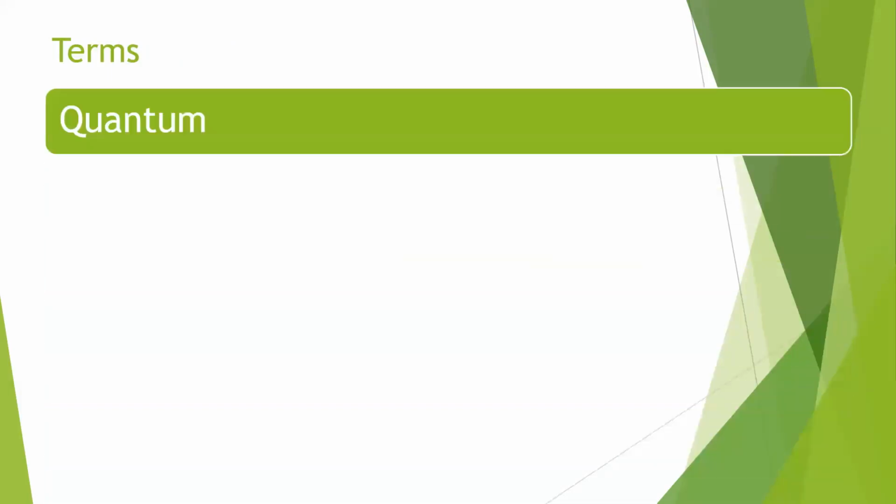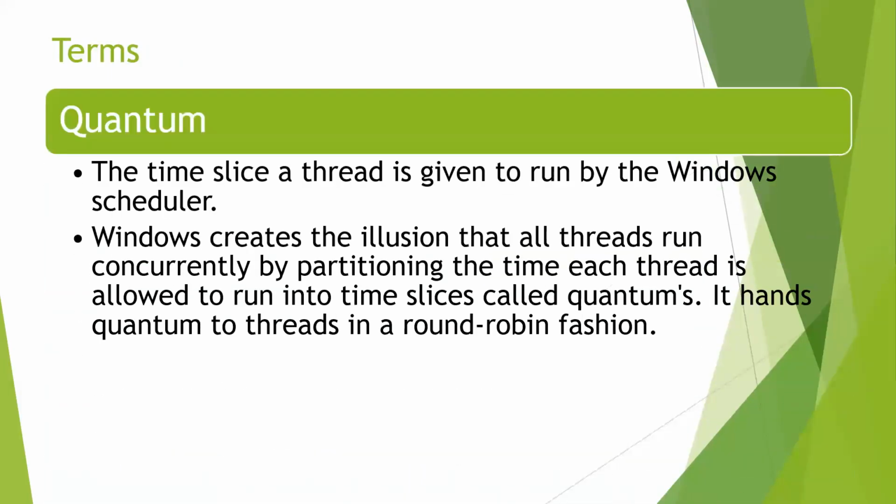Now, what are the few terminologies that we have? We already talked about quantum, the time slice a thread is given to run by the Windows scheduler. With the Windows operating system, you have a quantum slice of 4 milliseconds, then the thread comes out of the CPU. Windows creates the illusion that all threads run concurrently by partitioning the time each thread is allowed to run into time slices called a quantum, which is 4 milliseconds.